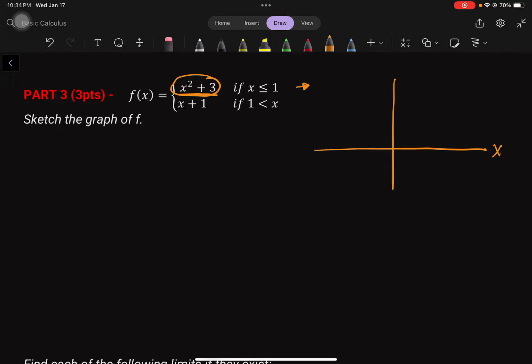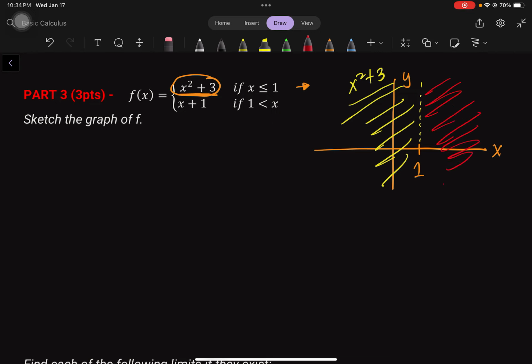Ito x, ito yung y. From 1, ito yung 1. Bali dito sa less than, ibig sabihin less than, dito sa side na to, lagyan natin ang part natin. Dapat, ang graph natin ay x squared plus 3. Dito naman sa side na to, ang graph natin ay x plus 1.